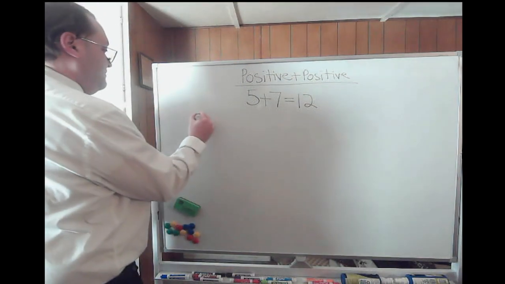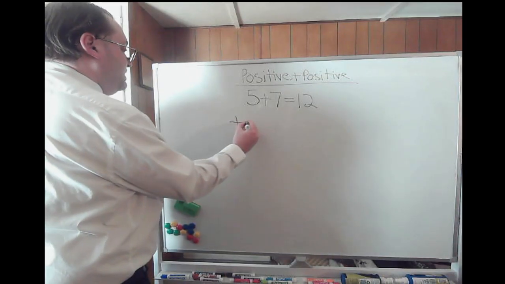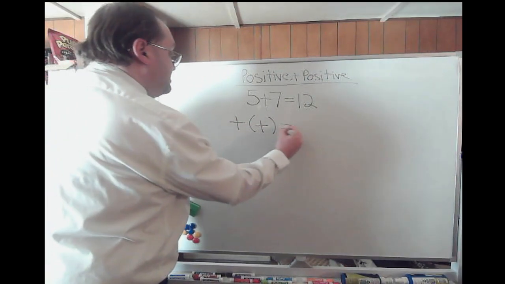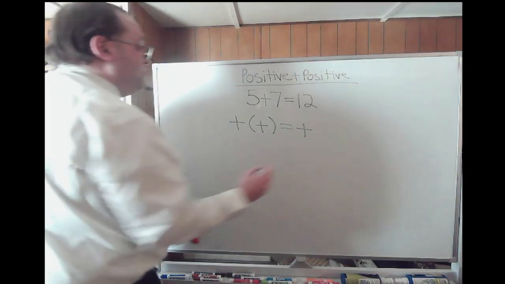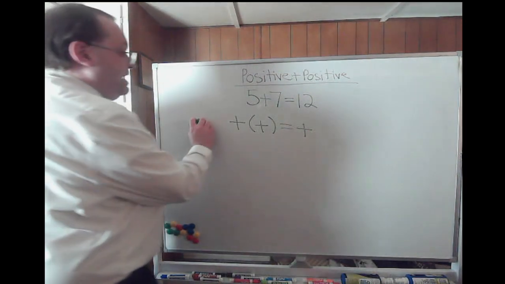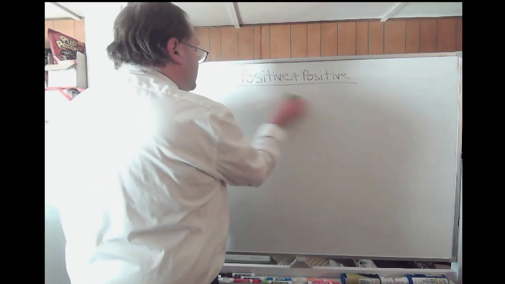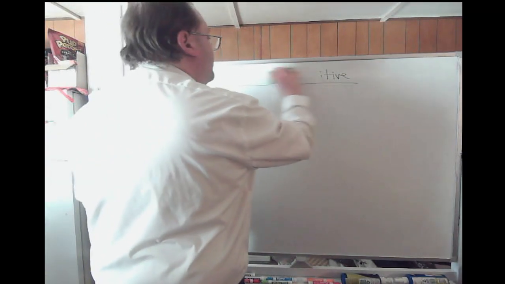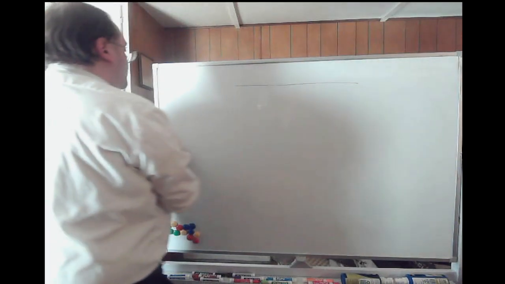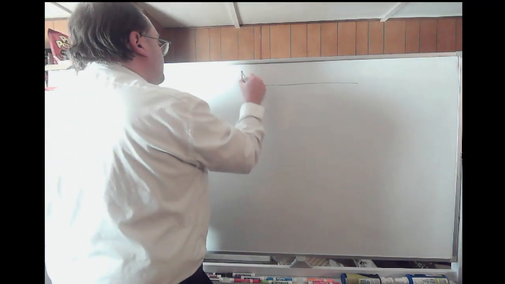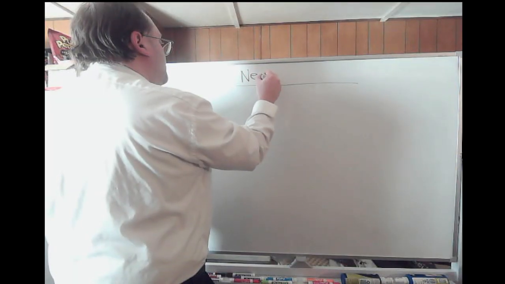So if you have a positive plus a positive number, that's going to be equal to a positive number. We don't need to spend a whole lot of time on adding positive numbers. We've been doing that since basic 1. That's pretty simple.